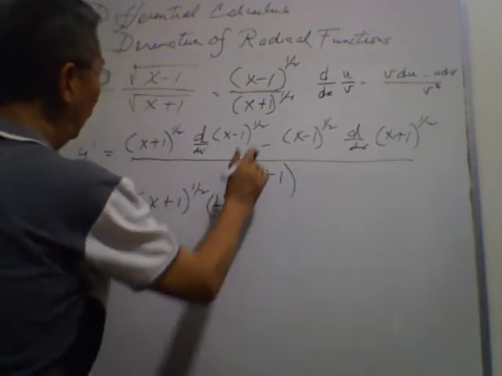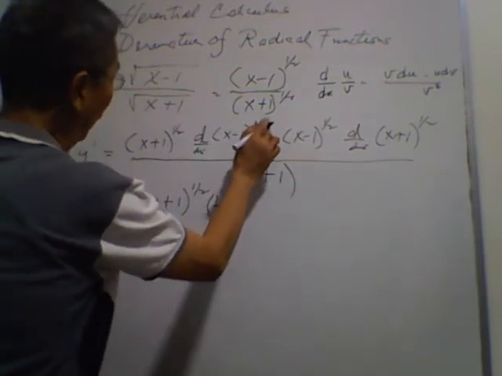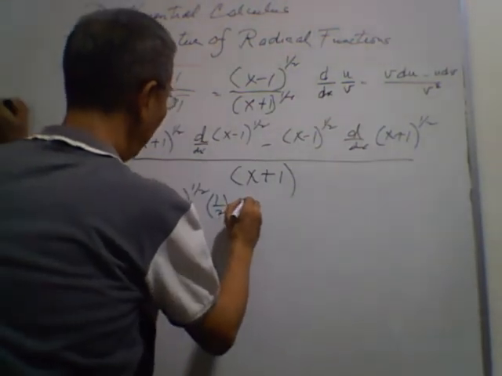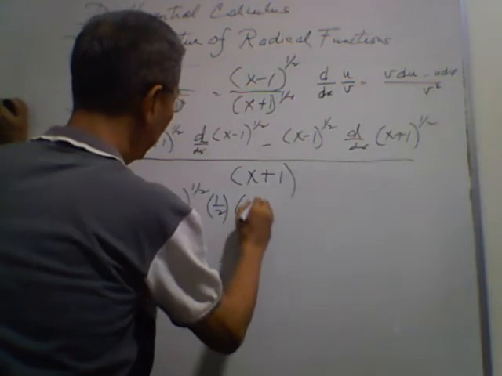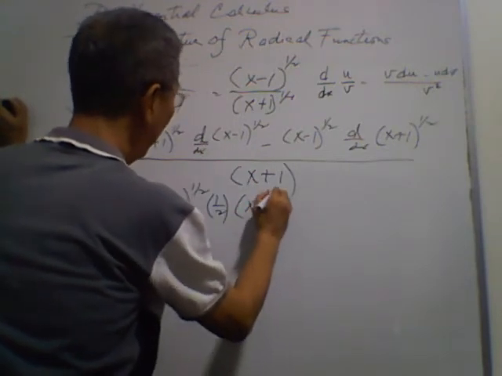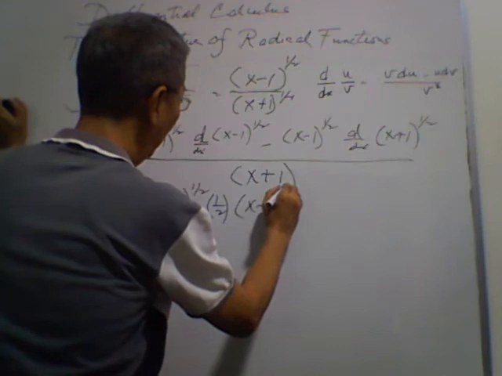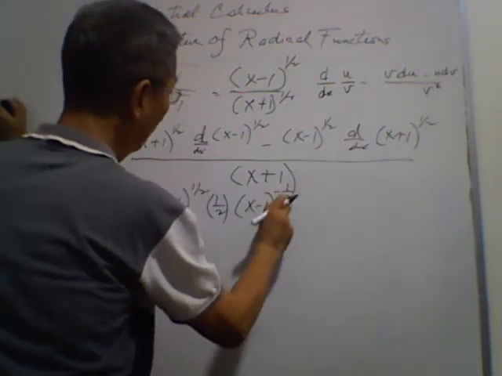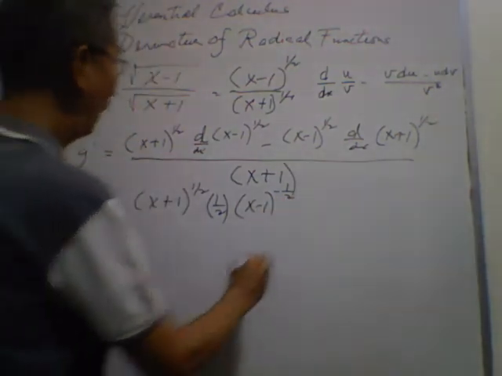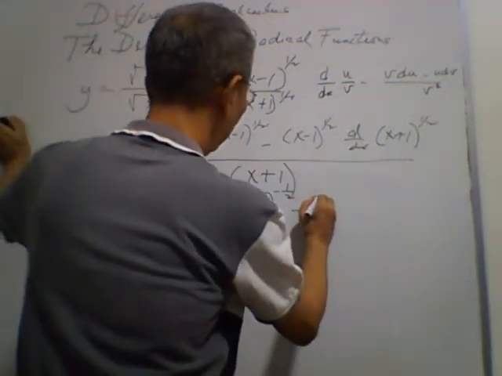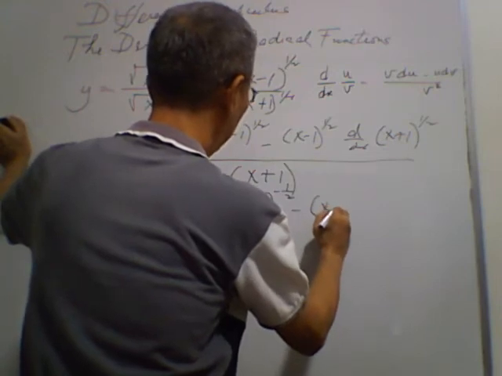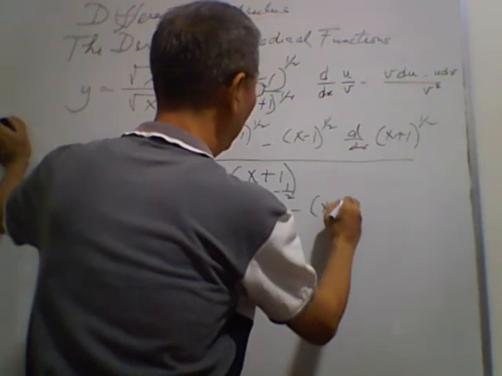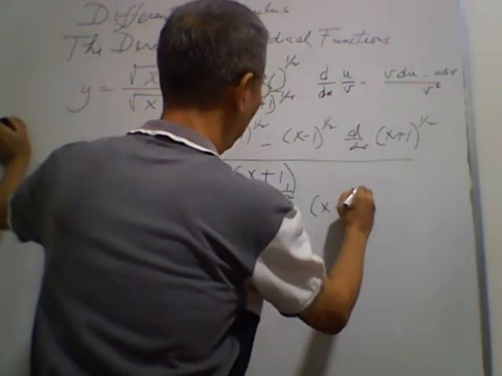With the power formula, we subtract 1 from the power, and that one becomes negative 1 half, since 1 half minus 1 is negative 1 half, minus x minus 1 raised to 1 half.